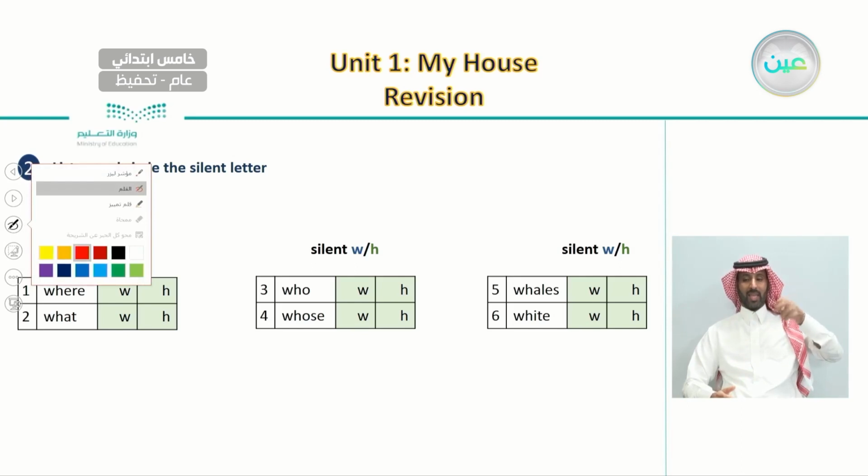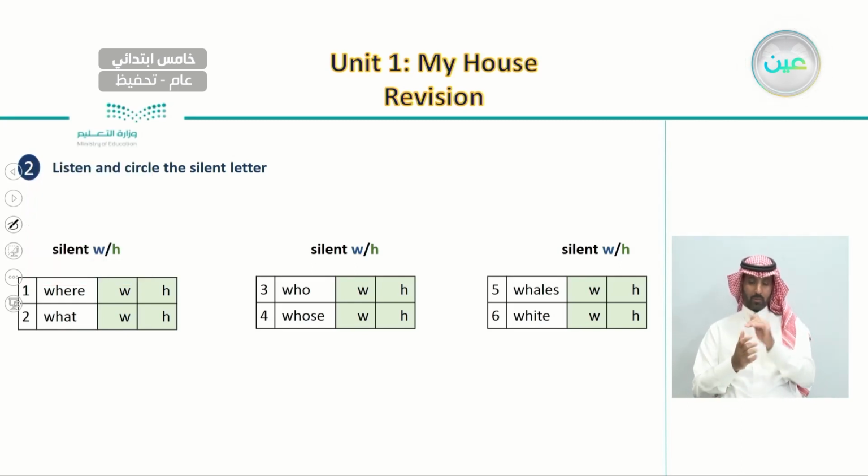And we're going to circle the silent letter of the word where. So, the silent letter of the word where is letter H. So here we go, and we circle letter H. Letter H, we write it, yes, but we don't say it. We say where.